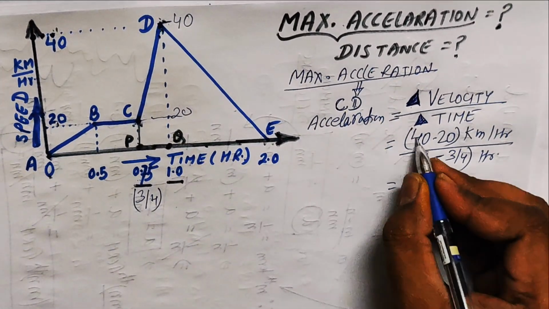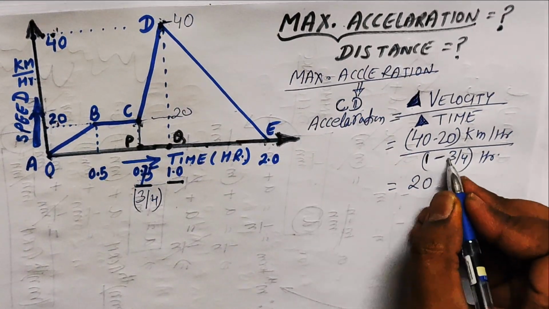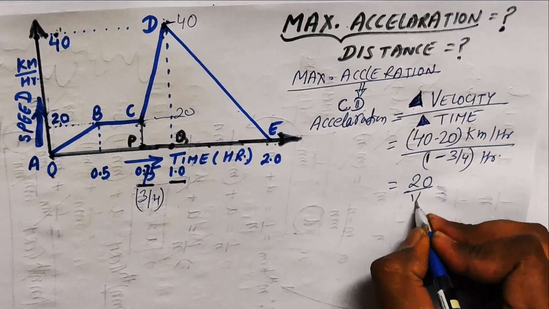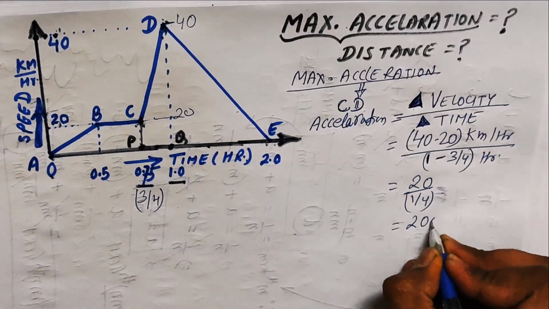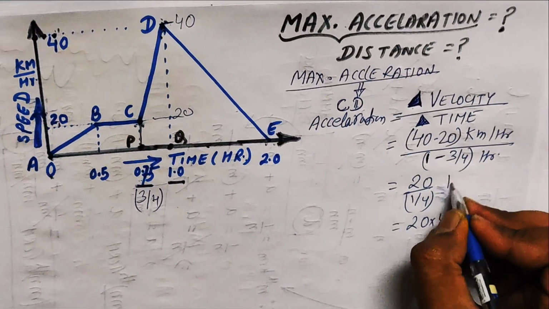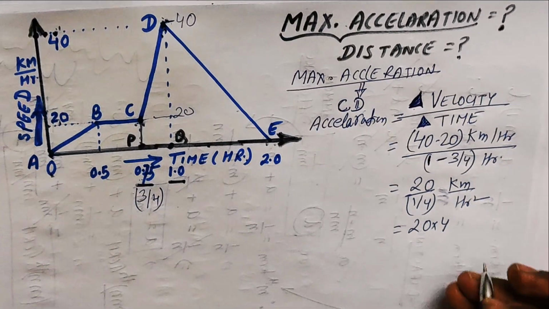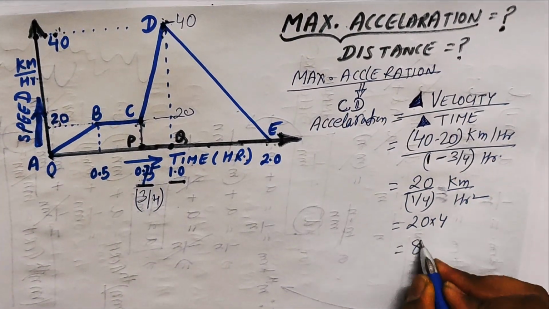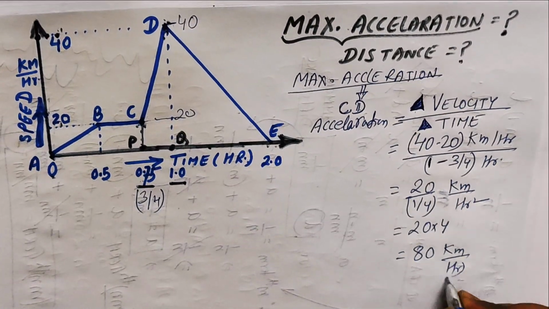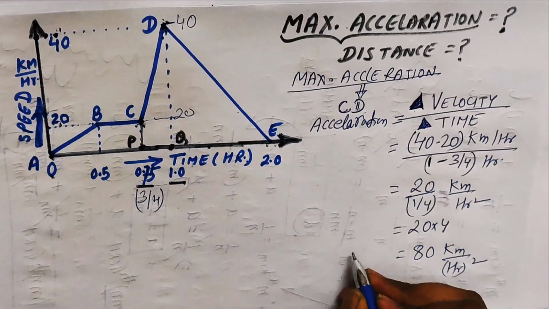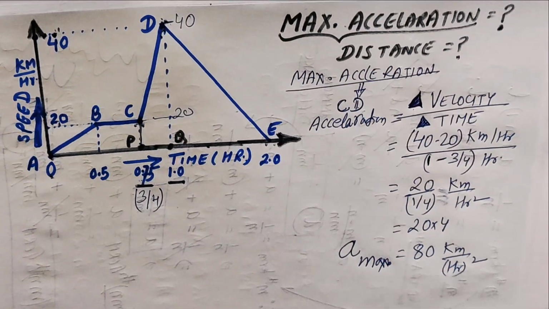So this will give you 40 minus 20 is 20, and 1 minus 3 by 4 is 1 by 4. So this will give you 20 into 4. This is kilometer per hour square. So this will give you 80 kilometer per hour square as the maximum acceleration.